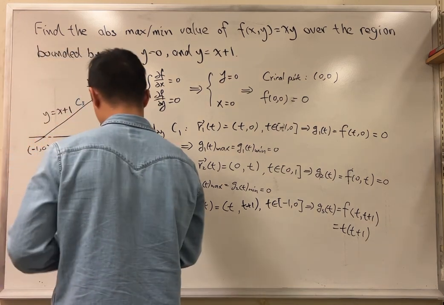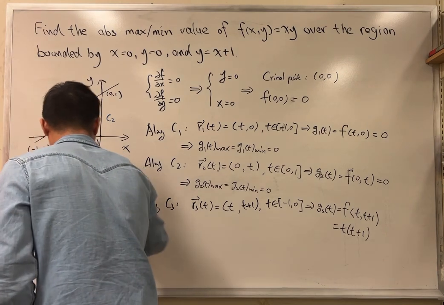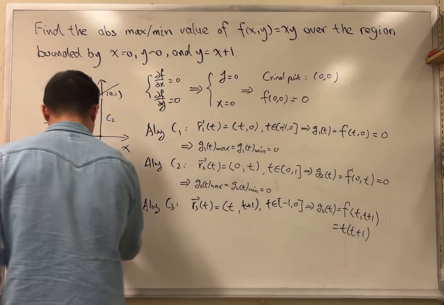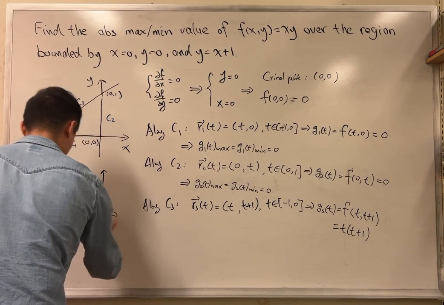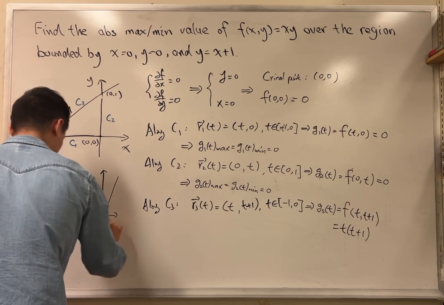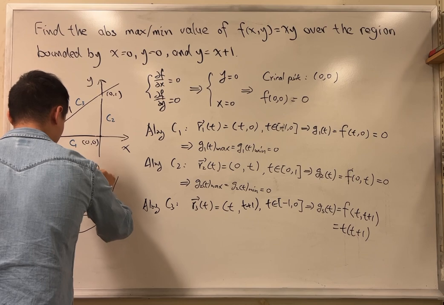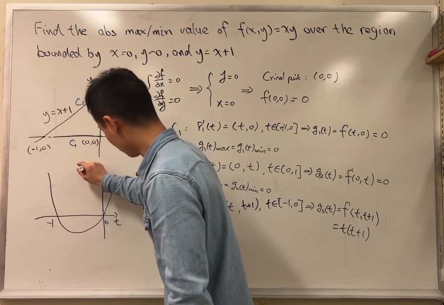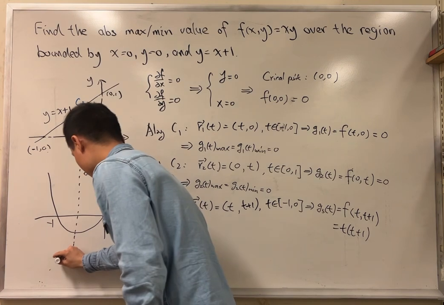So let's graph this parabola. This is -1 and then 0, the t-axis, and g3 of t.